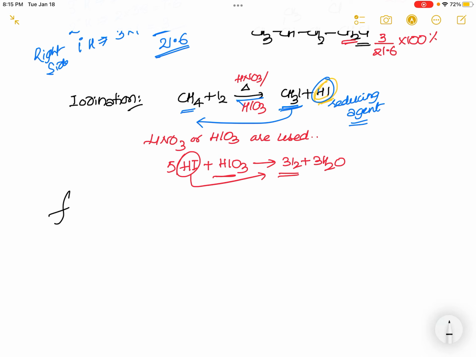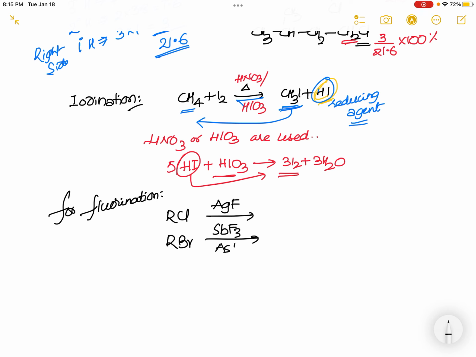For fluorination, take RCl or RBr, chlorides or bromides, and treat them with silver fluoride, or you can treat with SbF3, antimony fluoride, or you can use AsF3 also. Hg2F2 also can be used.